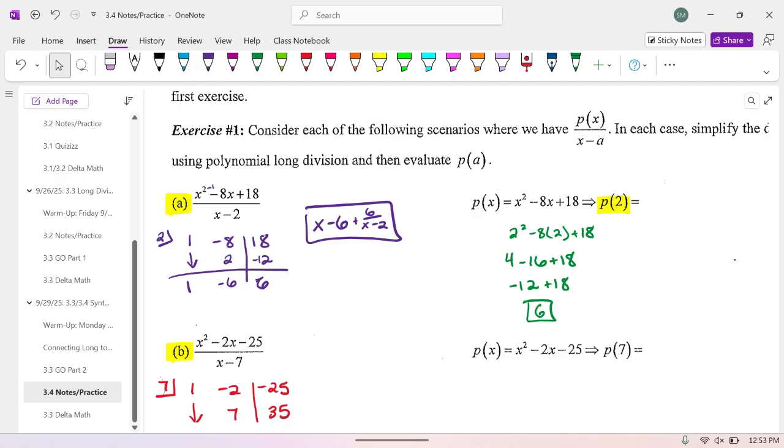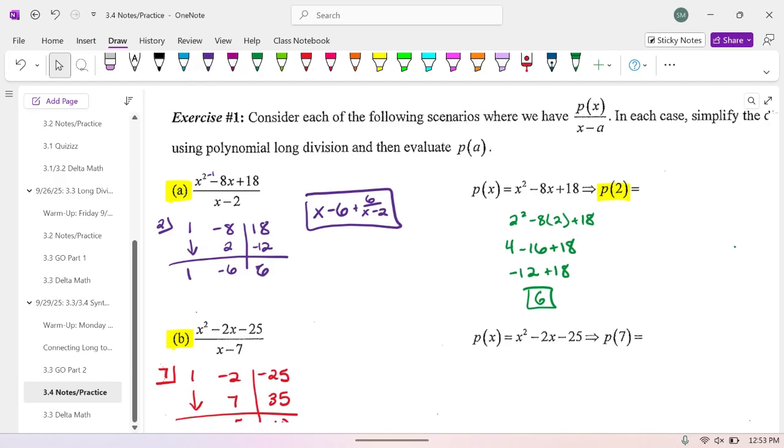But what else? What did I start with? So I started with a 2. Why do you think I plugged in that 2? What's my root? 2. So keep that in mind. Let's see if that still holds. Okay. So let's look at part B.